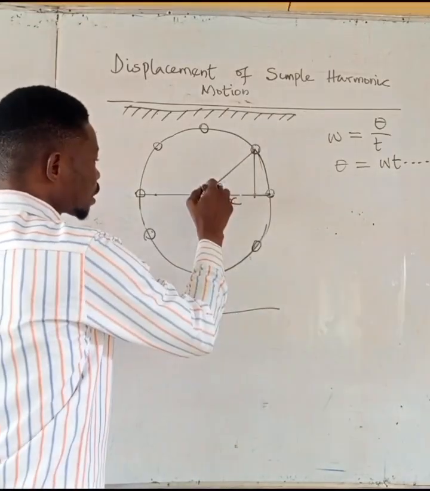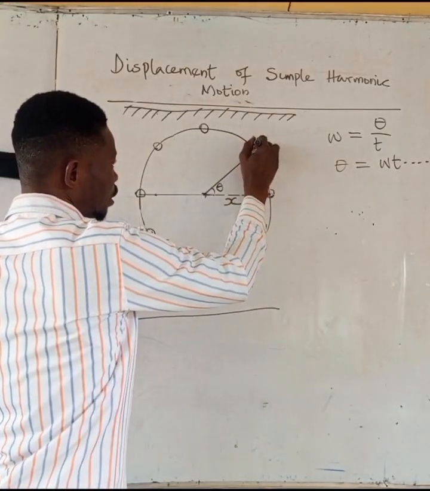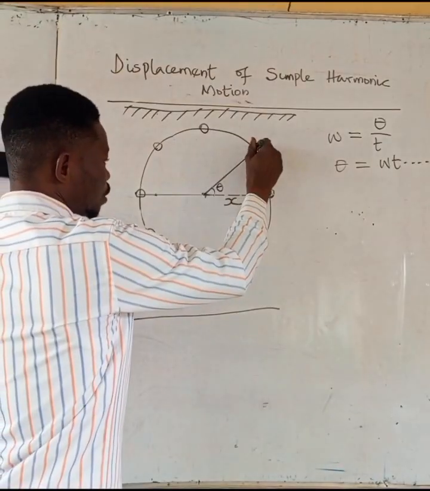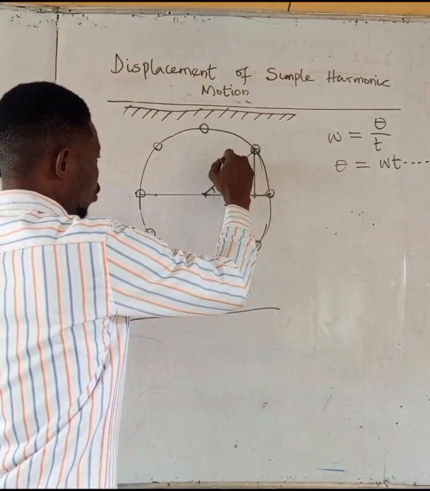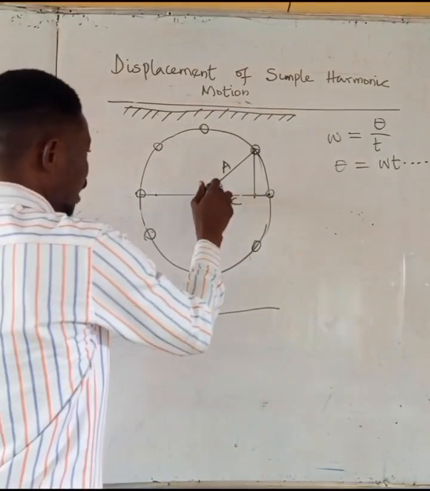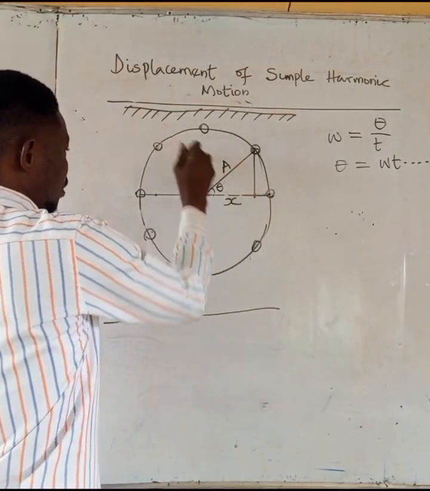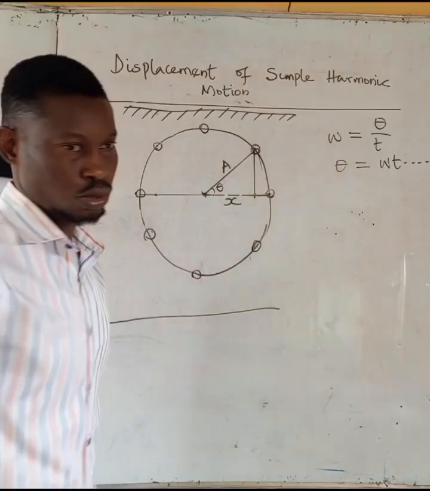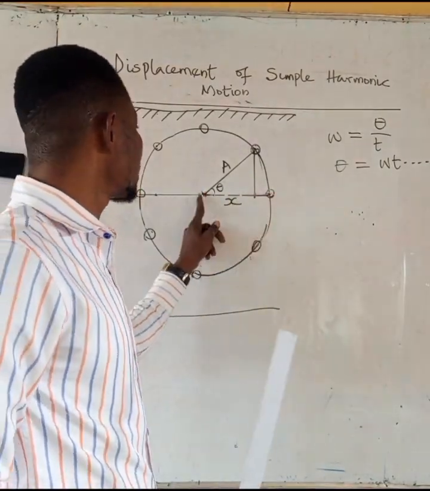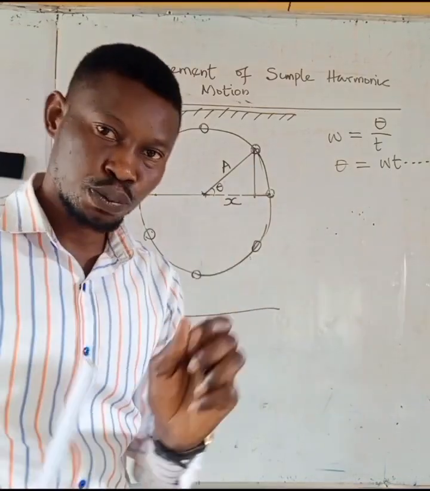In the same vein, from the center to this point is also another radius. So we can simply call it A, since it is a maximum displacement. Even a line from the center to any other part of the circumference is still equal to A, the maximum displacement the object can have from the center or fixed point.